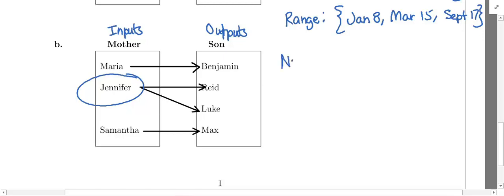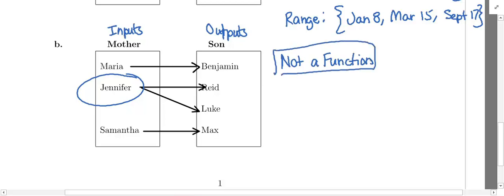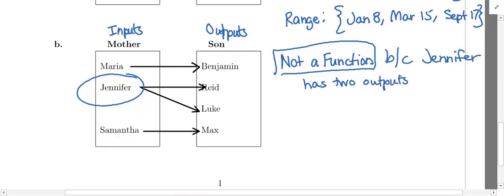Okay, so we're going to go ahead and write not a function because Jennifer has 2 outputs. So this relationship as defined would not be a function.